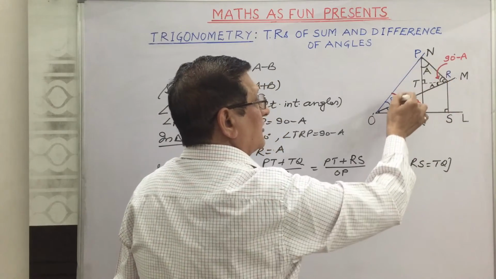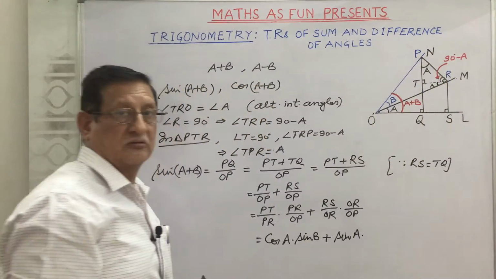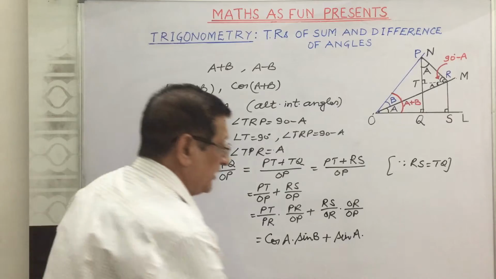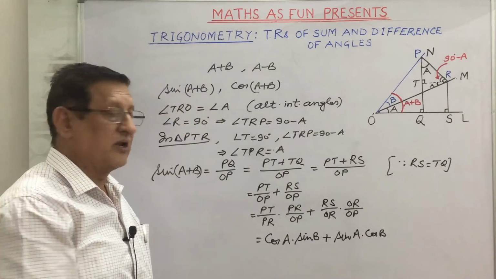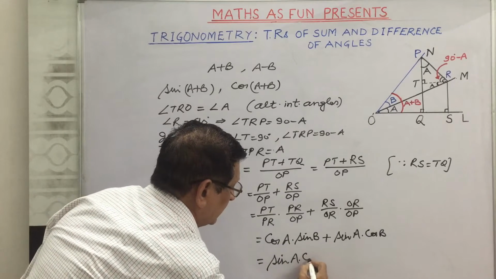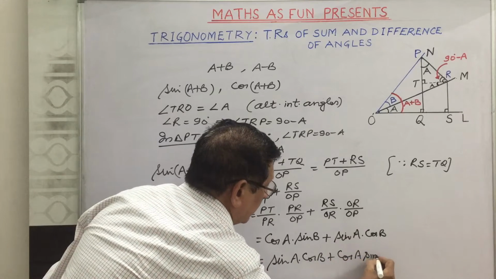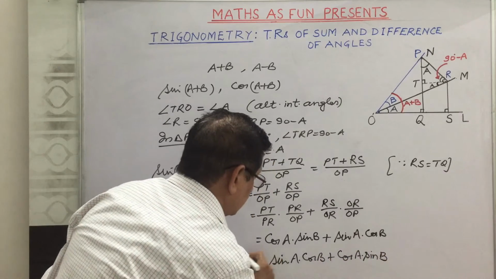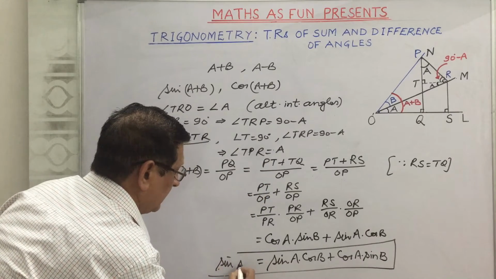In this particular triangle for B, OR is the base and OP is the hypotenuse. So will it be cos B? Yes, it is cos of B. And if we write them in a systematic way, we can remember this as sine A into cos B plus cos A into sine B. This becomes the formula for sine of A plus B.